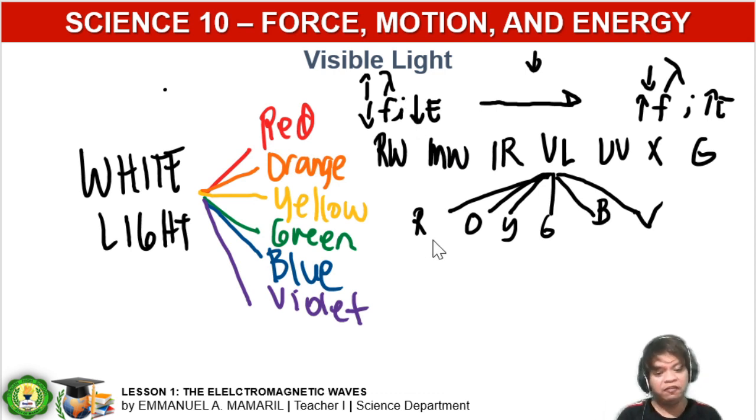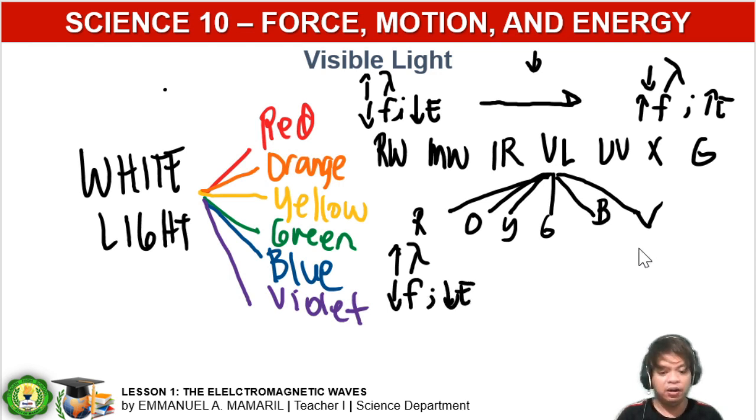Because red is on the leftmost part of the visible light spectrum, and violet is on the rightmost part of the visible light spectrum. Therefore, red here has the longest wavelength, but lowest frequency and lowest energy.